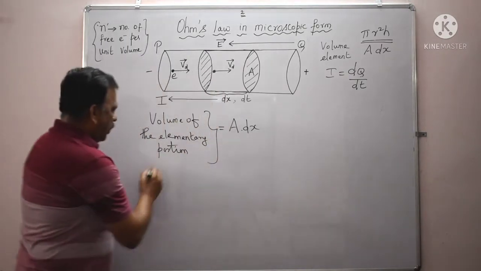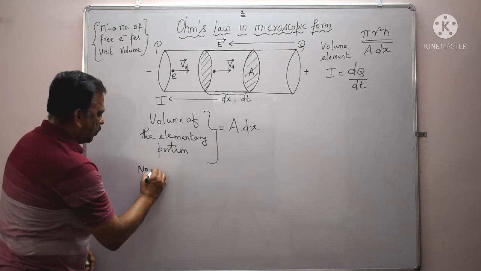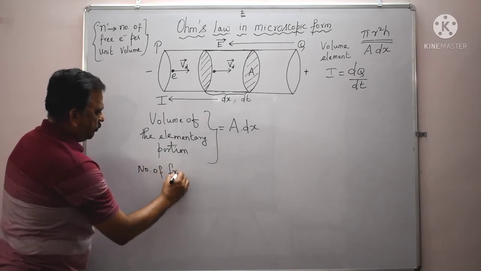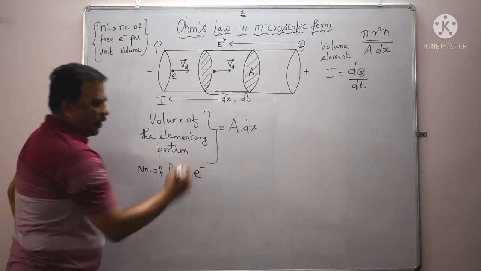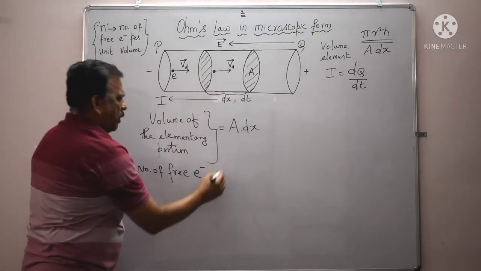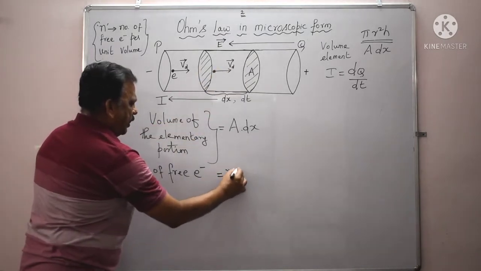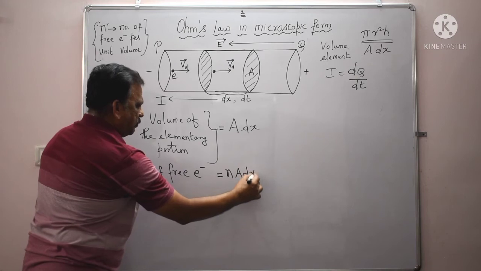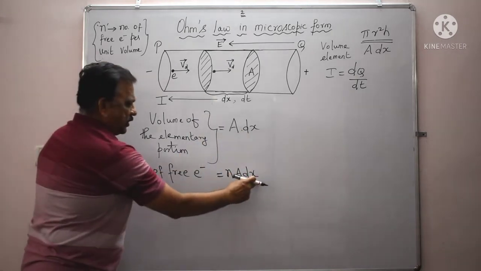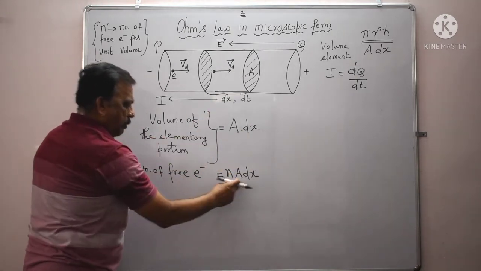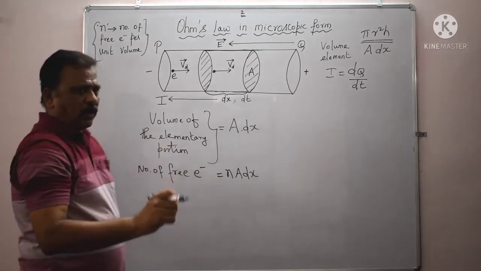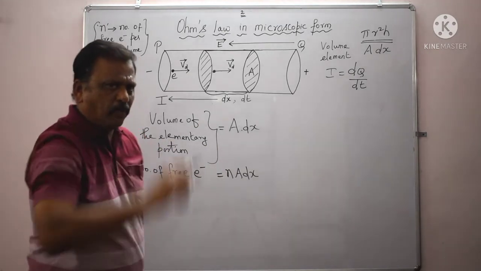Right? Therefore, the number of free electrons in the volume element is given by n into A into dx. So A into dx is the volume of this elementary portion in meter cube, and n is the number of free electrons per unit volume.